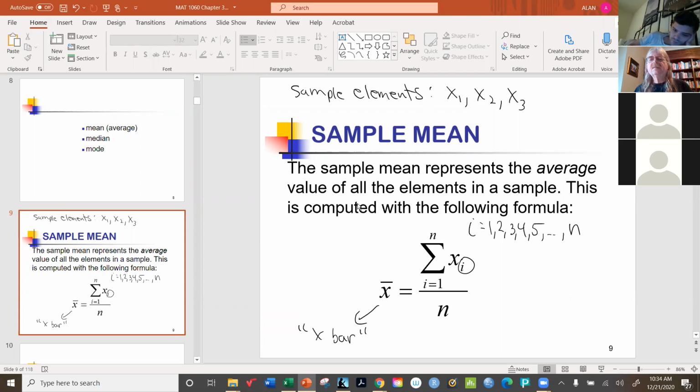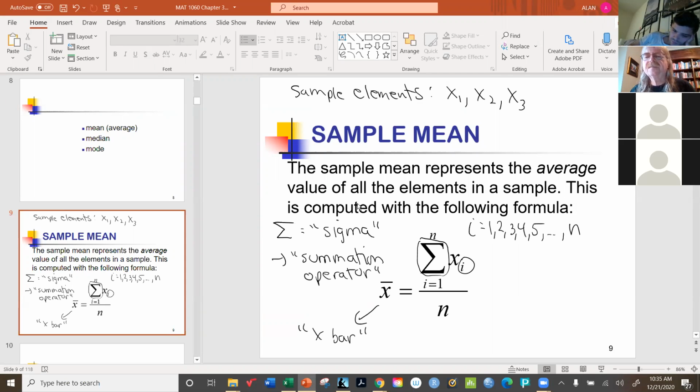And this symbol, this is the big mystery of the whole slide. This is the Greek letter sigma, and it is used in math to represent the so-called summation operator. Whenever you see sigma like this, it means you're going to add something together.